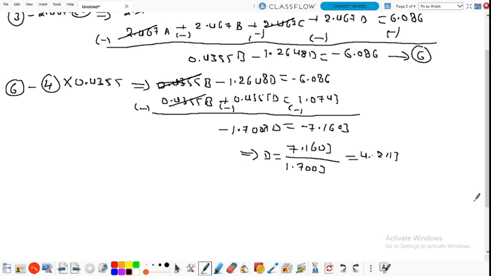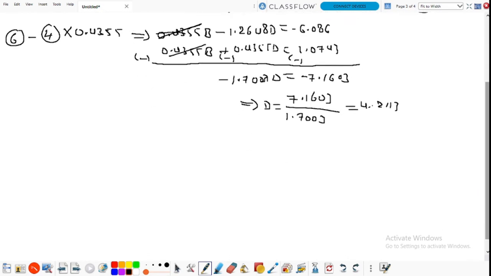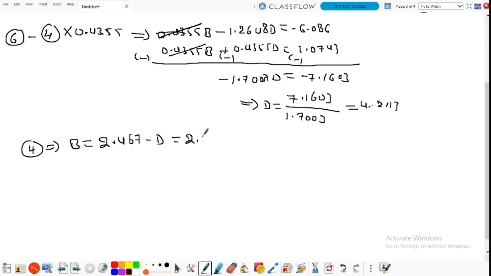From equation number 4 we get b is equal to 2.467 minus d. Here the d value is 4.2113, which gives minus 1.744.